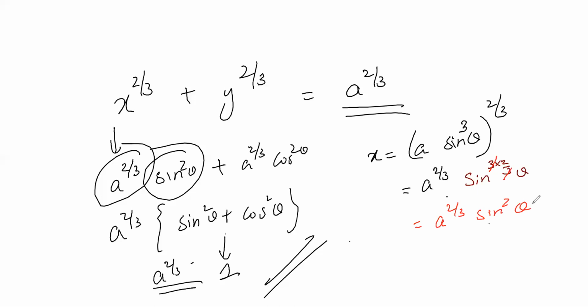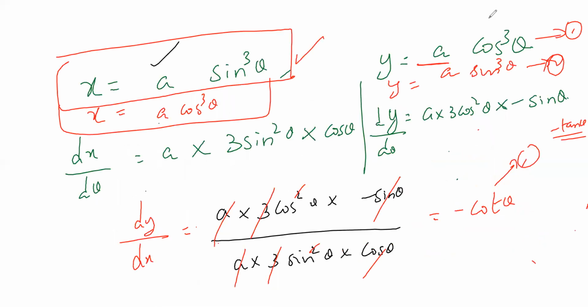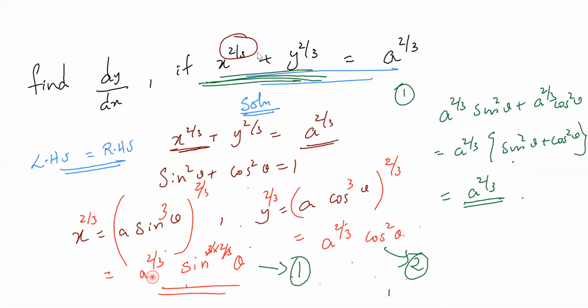That is the reason I'm putting x is equal to a sin cube theta and y is equal to a cos cube theta, so that now I can easily do it.